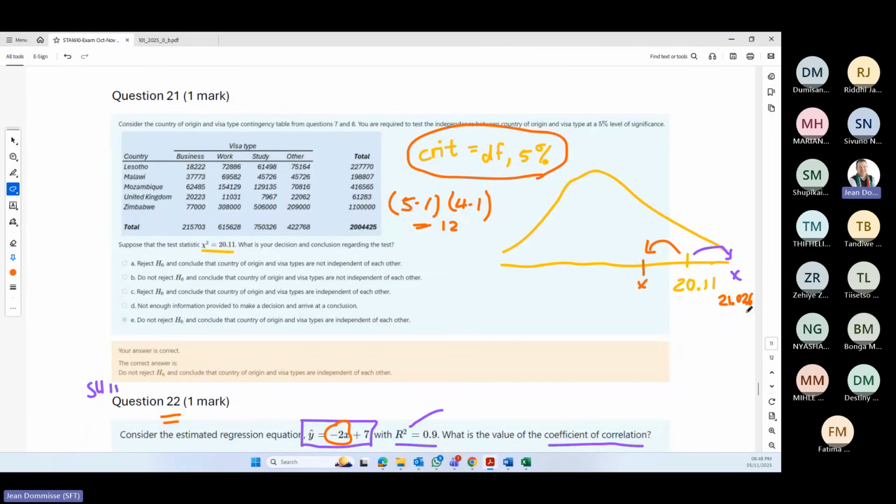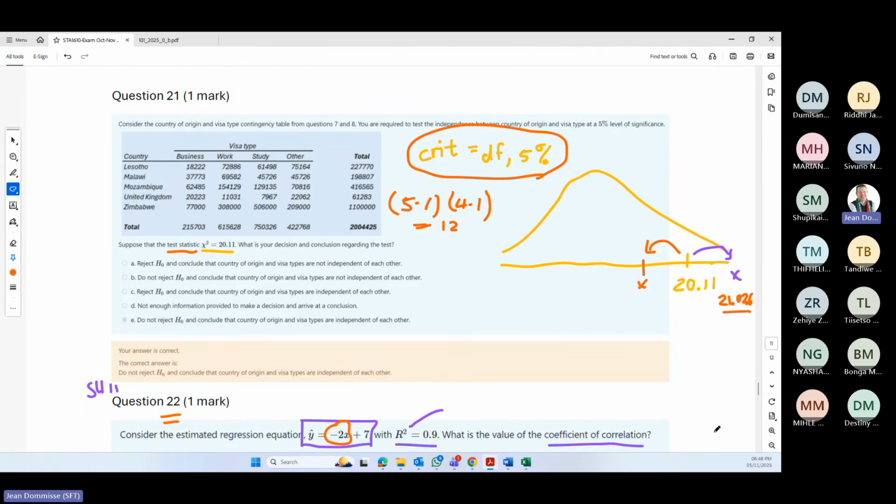Okay, 21.026 is bigger than your t-stat. 21.026 is bigger than 20 point something. So let's just say that your critical value is bigger than t.